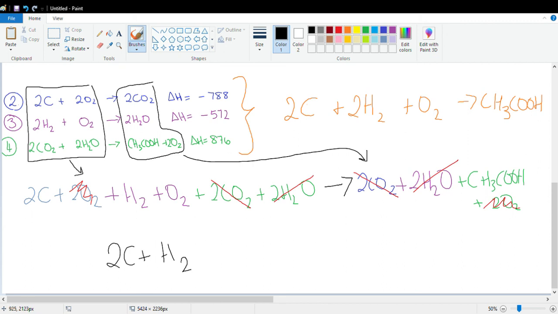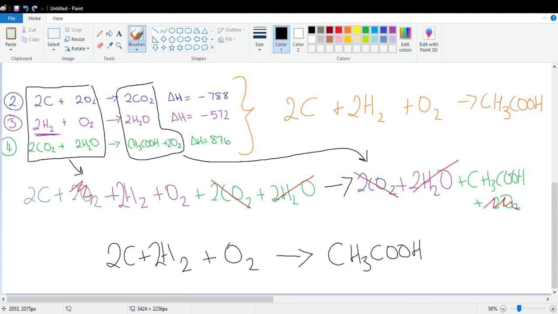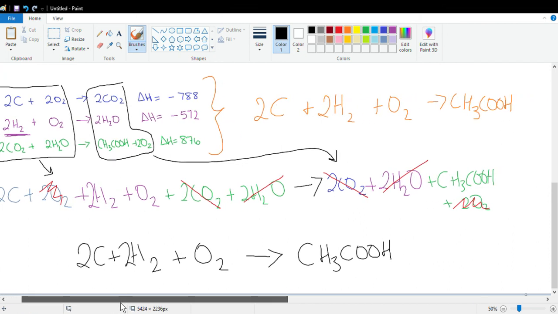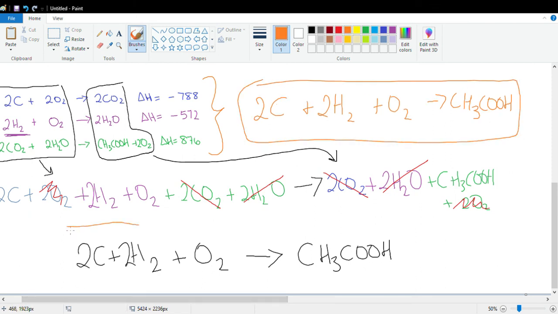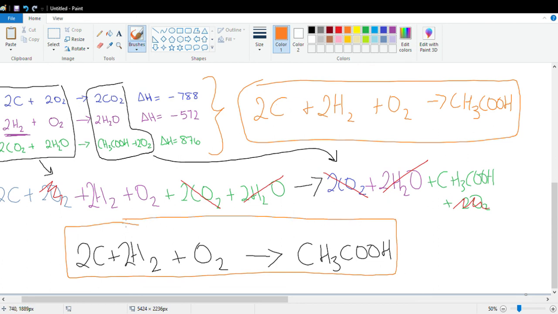I just made the mistake here; I've got my 2 written up here in my equation, I just never put it in here. And if you look at that equation that I've written in black and the one that I've written in orange from the very beginning of what I needed, those 2 now should look exactly the same.